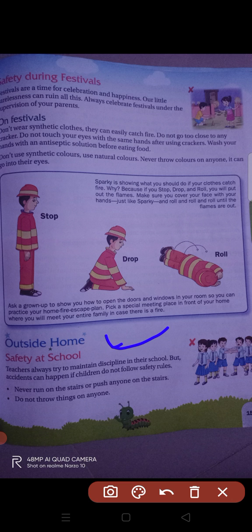Then coming to outside the home, that is safety at the school. Teachers always try to maintain discipline in the school, but accidents can happen to children if they do not follow the safety rules. So what are the safety rules we have to follow to be safe?